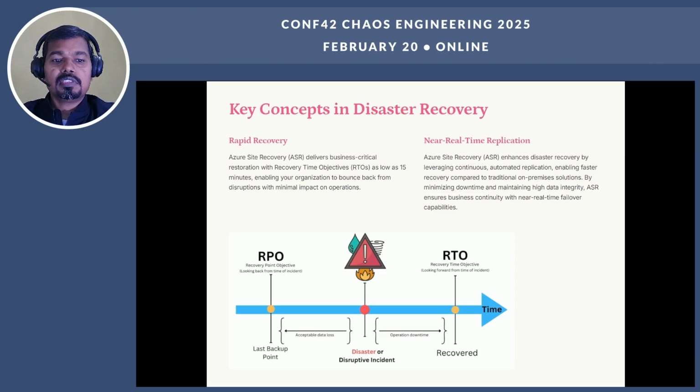Why does this matter? By delivering a low recovery time objective, near real time replication, and automated failover, Azure Site Recovery ensures that businesses stay up and running with minimal downtime, without the complexity and high cost of maintaining a secondary data center. With ASR, organizations can recover faster, lose less data, and stay compliant, all while leveraging the power of the cloud for scalable, cost effective disaster recovery.